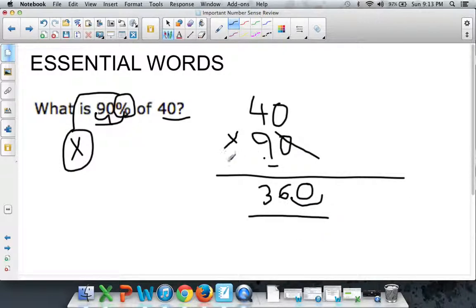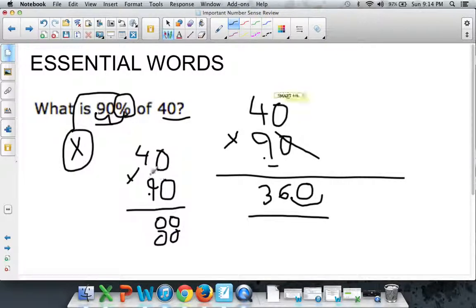Even if I hadn't crossed off that 0, I still would have got a right answer. I just made it easier for myself by crossing off a number past a 0 at the end of a decimal. I could have just gone 0 times 0, 0, 0 times 4, also 0. Drop your turtle egg. 9 times 0, 0. 9 times 4, 36.